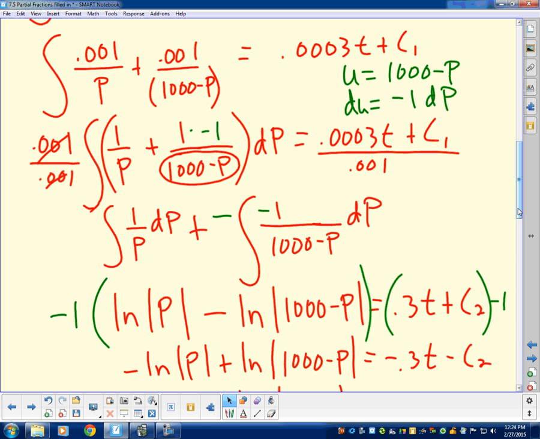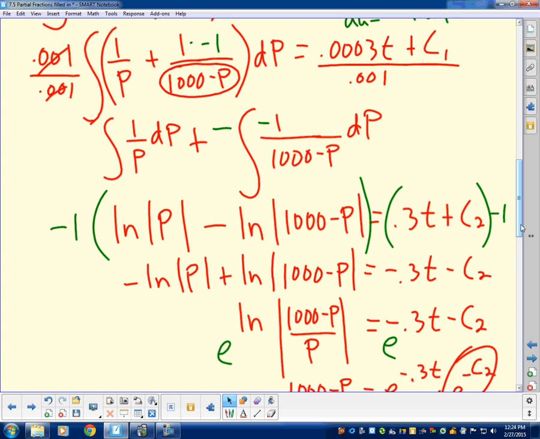So if you distribute through by -1, you get the expression negative ln of p plus ln of 1,000 minus p equals negative 0.3t minus c sub 2. So I'm taking the approach that I'm going to go ahead and just solve for p first.